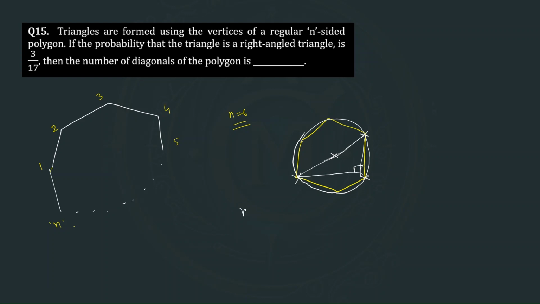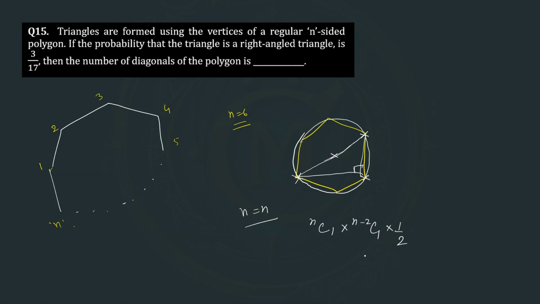So for a general n, where n is an even number, we select any random vertex of these n vertices. And then from the remaining n minus 2 vertices, we select one vertex and then divide by 2 because we are counting each case twice.